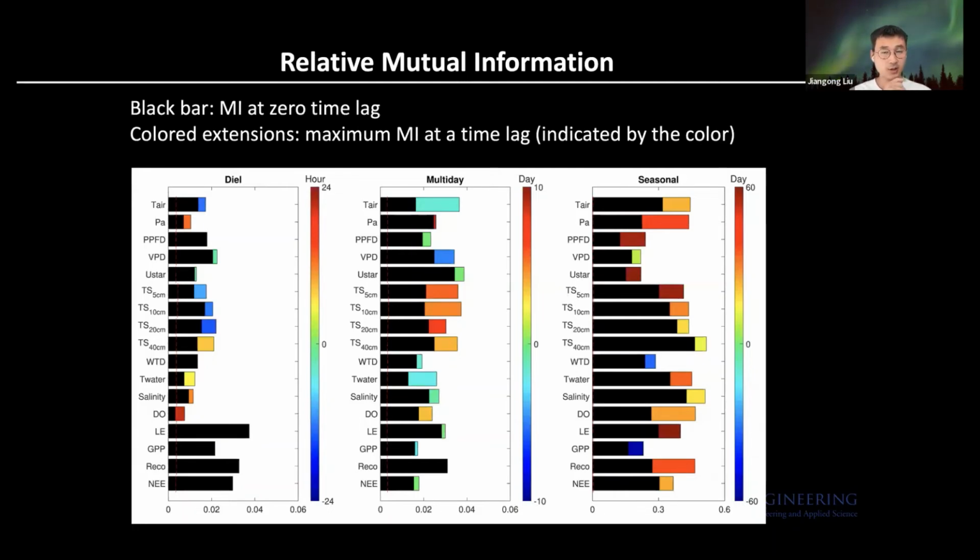So here shows the dominant drivers of methane at different timescales. The black bars represent the mutual information at zero time lag, and the colored extensions mean the maximum mutual information at a time lag.